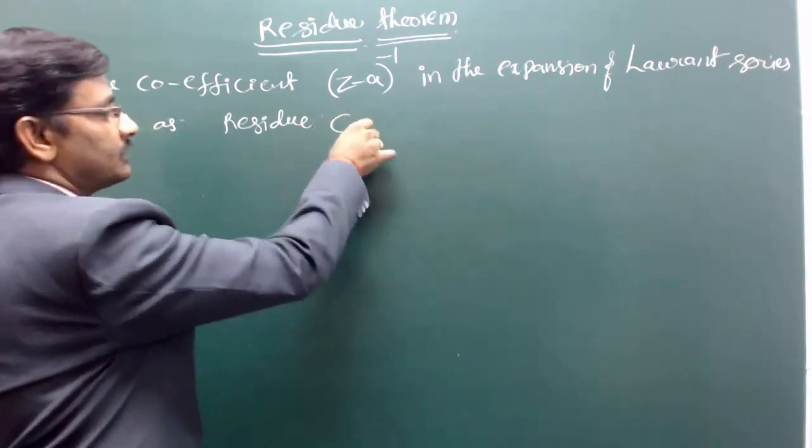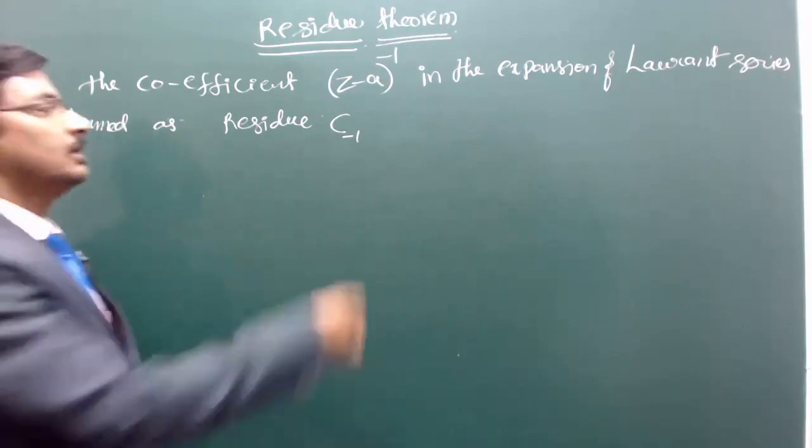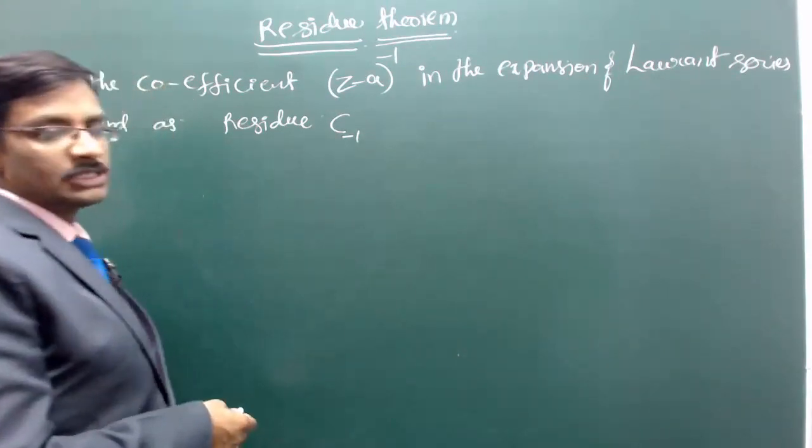Usually, this is represented with C minus 1, the coefficient of minus 1, which is nothing but the coefficient of z minus a whole power minus 1.